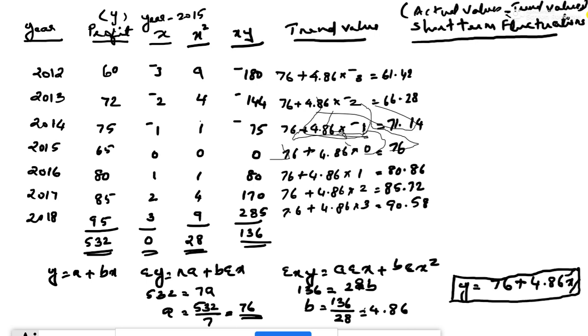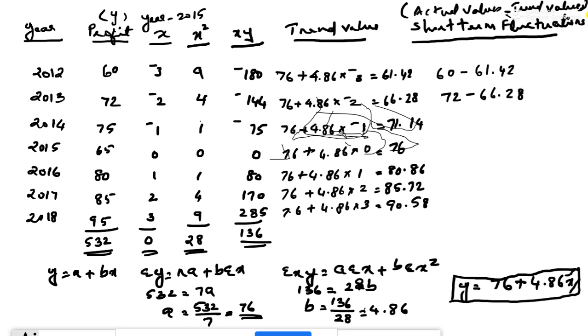And you know the trend values, that is the trend values you have calculated by applying y is equal to 76 plus 4.86x. So these are the trend values calculated, and these are the actual values. And here short-term fluctuations means actual values minus trend values. So for 2012 the actual value is 60 minus trend value 61.42. Then second year actual value is 72 and trend value is 66.28.